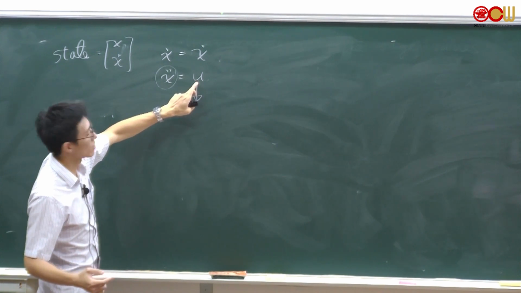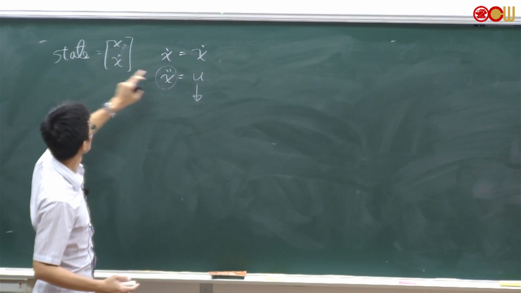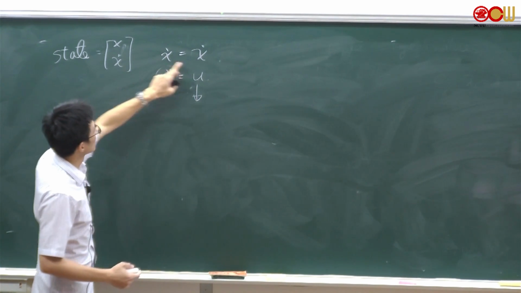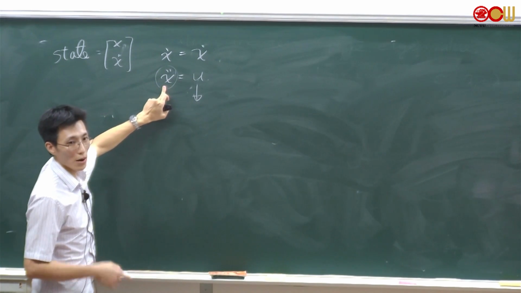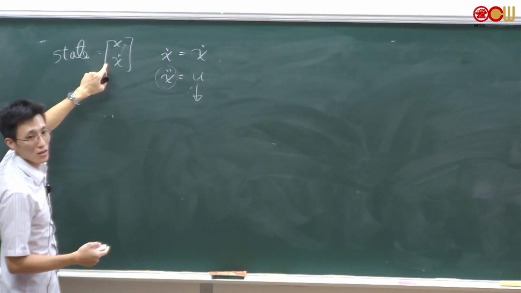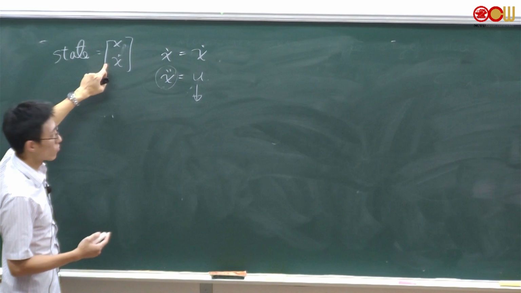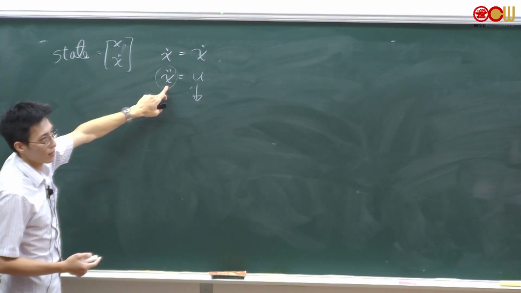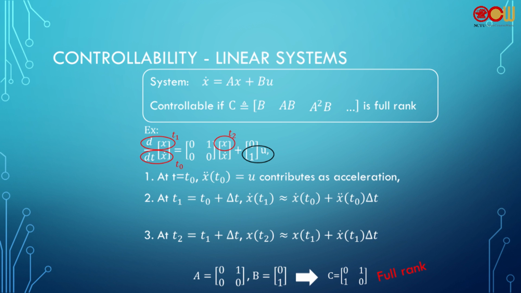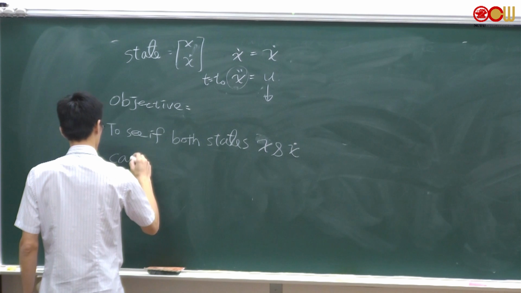Given a control, can you control both states? Because of the equation, we can see that it can control the acceleration. But what we wonder is whether we can control all the states, which are position and velocity. For sure it can control acceleration, but as time goes on, it's hard to say, right? So let's see the next time, at t equal to 1. What happens, using that equation?